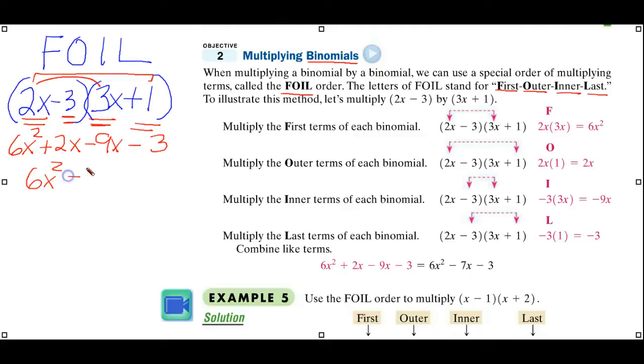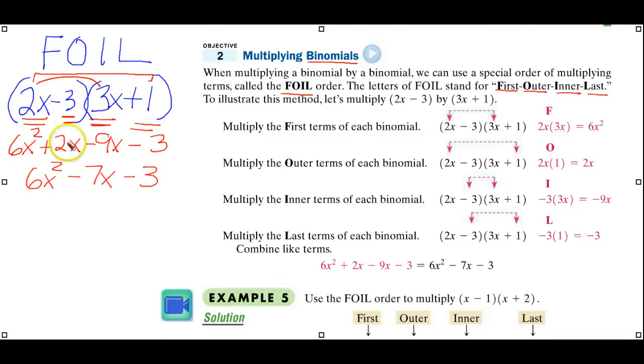This is going to be a negative 7x and a negative 3. And then that is your results. And that's, of course, what they're describing here. What is this method? It's the FOIL. It's a special way to multiply binomials.